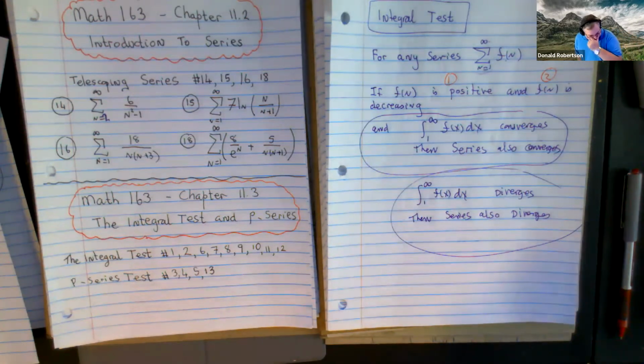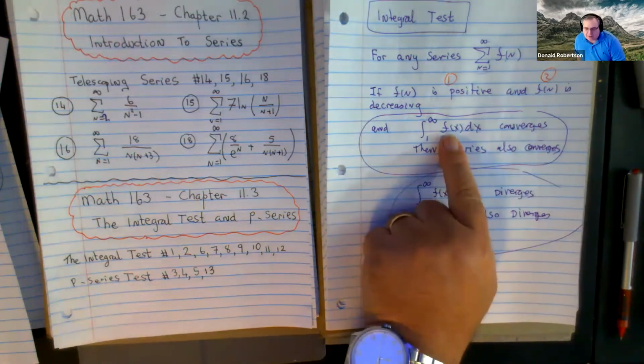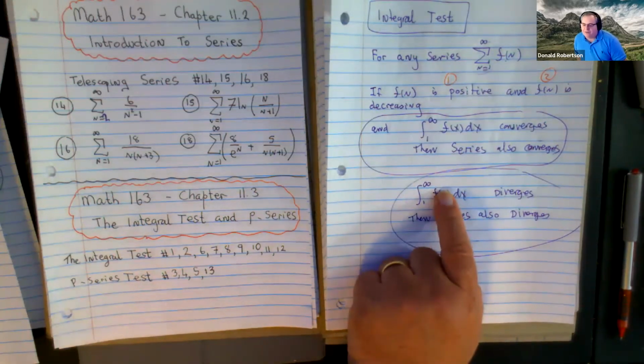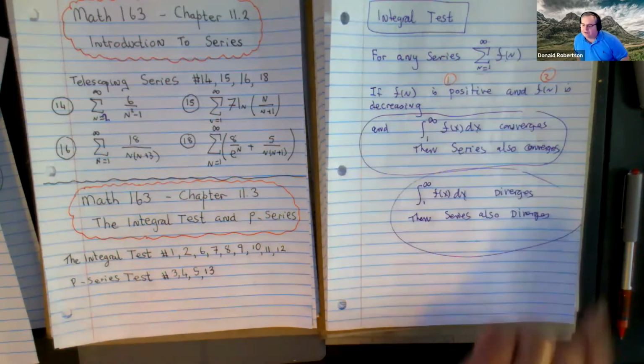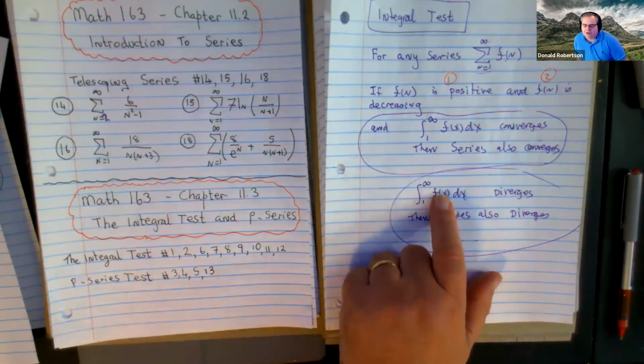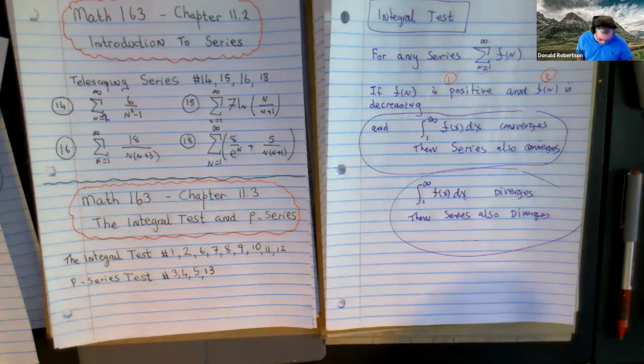If those two things are true, then you can find the integral. And if that integral is a number like 42, the series converges. If that integral is infinitely large, then the series diverges. And it's pretty obvious why it's called the integral test: you integrate things.